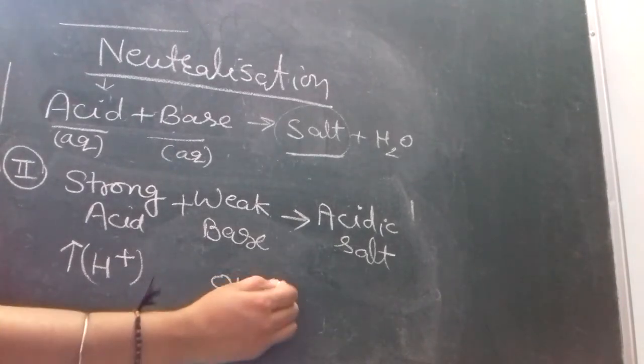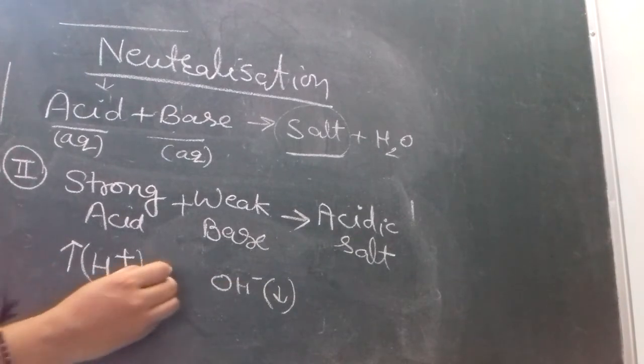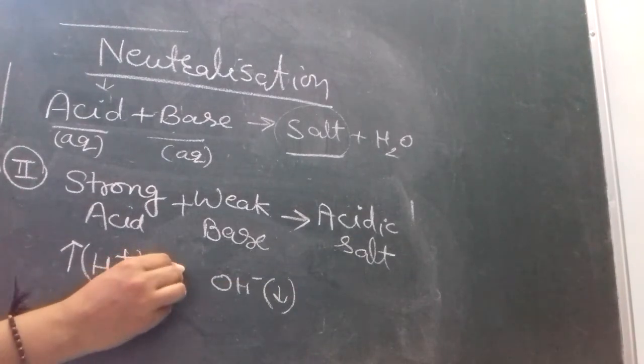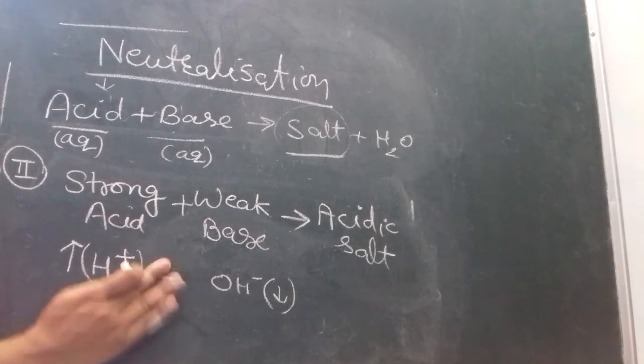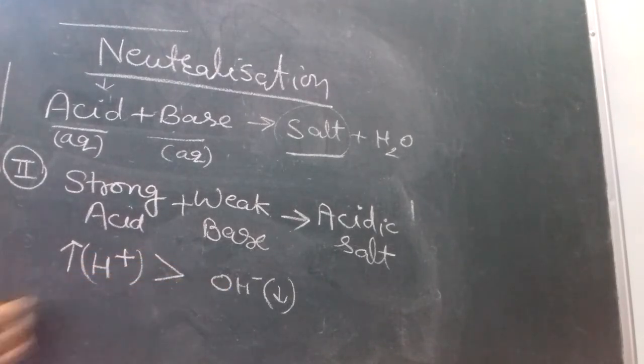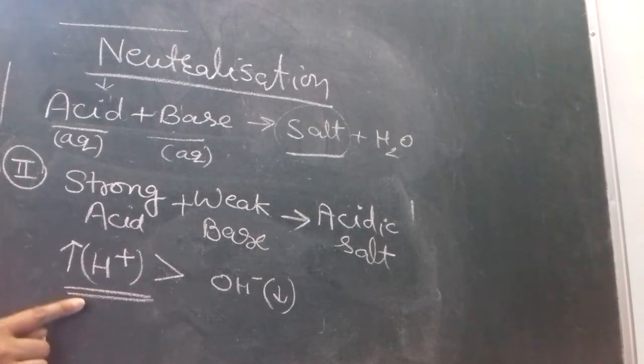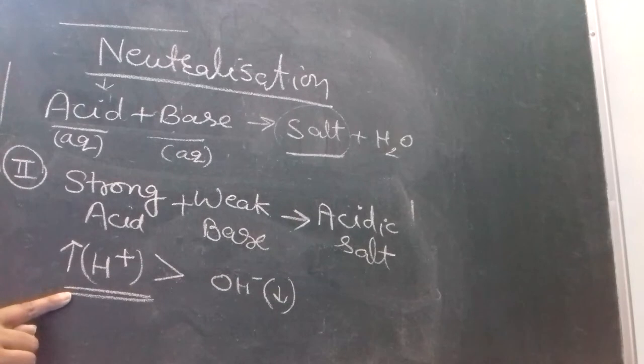This is in less concentration, and hydrogen ion is in higher concentration. So in neutralization, both ions are not equal. Here hydrogen ion is more than hydroxide ion, so hydrogen ion will remain. This is the remaining ion, so the solution becomes acidic.